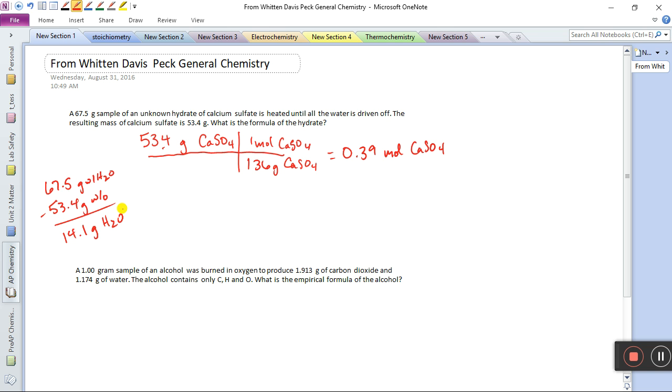And so then we have to find our moles of H2O. Molar mass of water. This is one you'll probably have memorized by some point in the year. 18.02. And that's 1 mole.